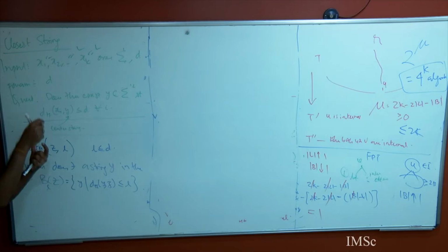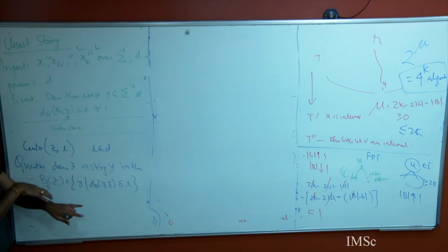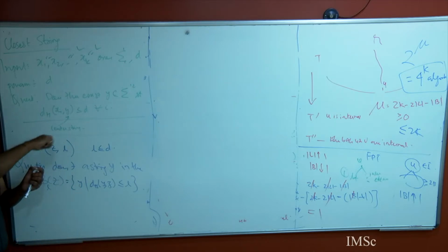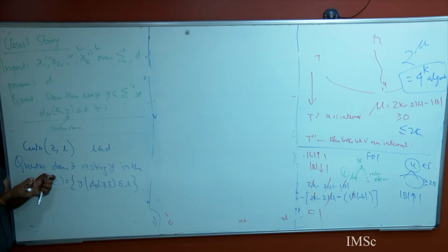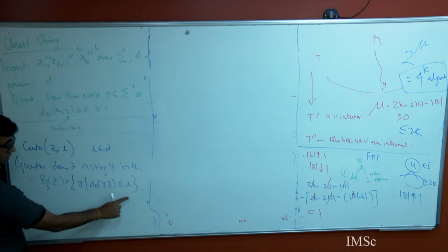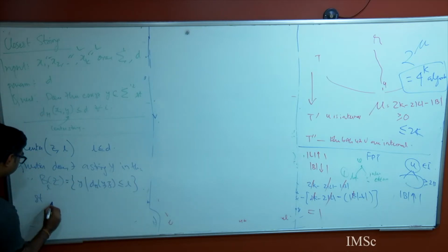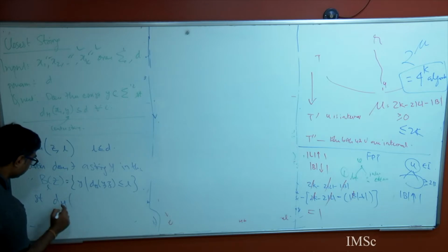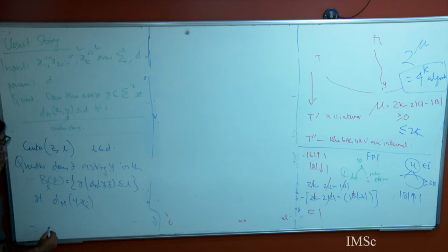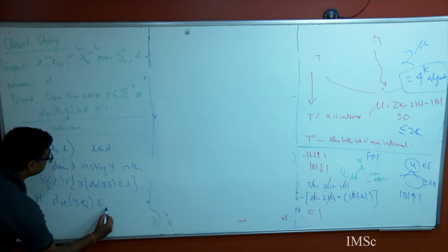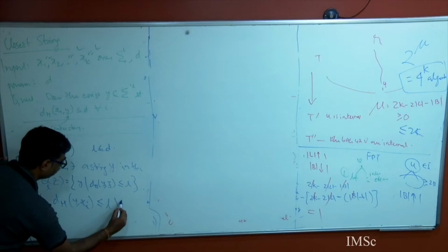What do you mean by ball of radius L around Z? Look at any string which I can get from Z by changing at most L places. So any string which is at Hamming distance at most L is in this ball, like a normal ball. So the question: does there exist a string y in this ball such that the Hamming distance between y and xi is less than or equal to L for all i?